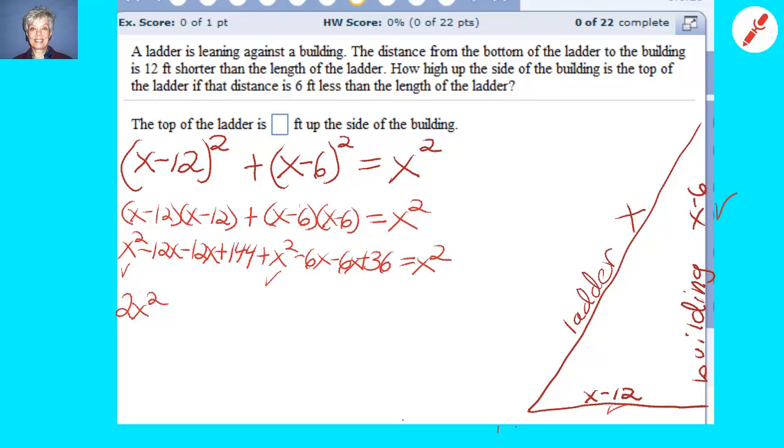Negative 12x minus 12x is negative 24x. And negative 6x minus 6x is negative 12x. And when we add those together, we're going to get negative 36x. So minus 36x. And then 144 plus 36 is 180.